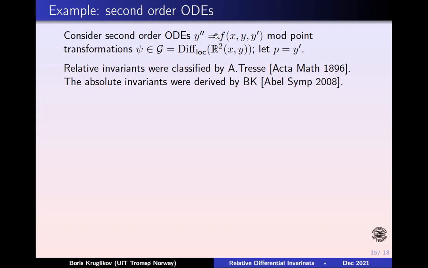So I first start with this jet space of maps from Rx to Ry, and that's just to lift the group to J2 where I see this equation, and then I see how it acts on this function f. That's my new J0 space. It is 4-dimensional. It's maps from the 3-dimensional space with coordinates x, y, p to R, y double prime. And then in this jet space, I do further prolongation. Okay, so there's a review of Tresse's work in my paper of 2008.